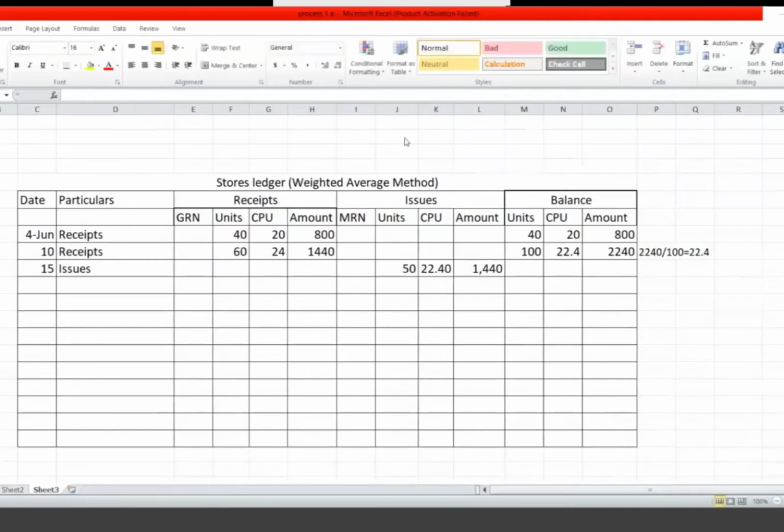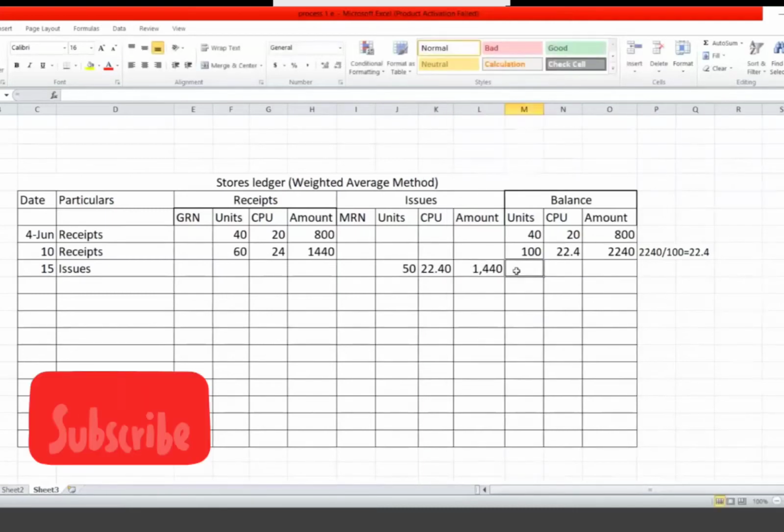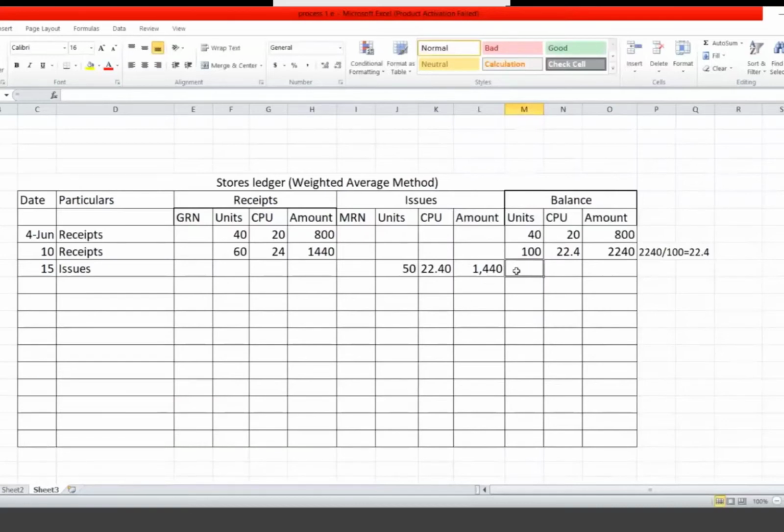Now what is the balance in your hand? 100 units were there. Already 50 you have issued to someone. Now in your hand 50 units are there. The price is the same, we didn't purchase anything in between, 22.4. So 2240 minus 1120. What is the balance in your hand now? 1120.